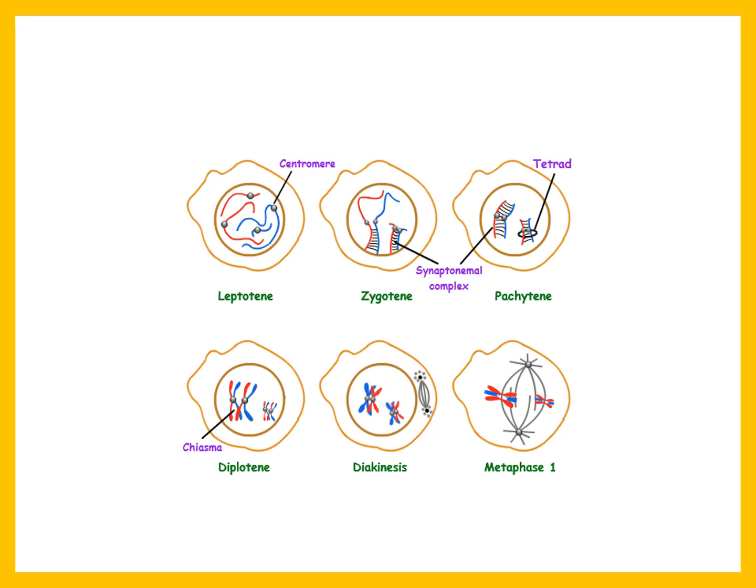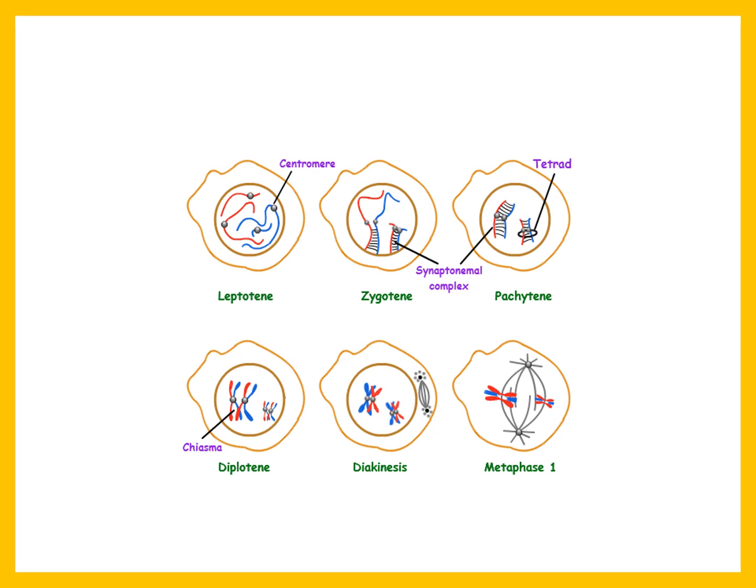During this pairing, at certain places they are attached to each other. In the pachytene stage it is called a tetrad. That point of attachment is called chiasmata. As a result of the point of attachment, there is interchange of segments, thereby exchange of genetic material. So this is the pachytene stage where crossing over occurs.